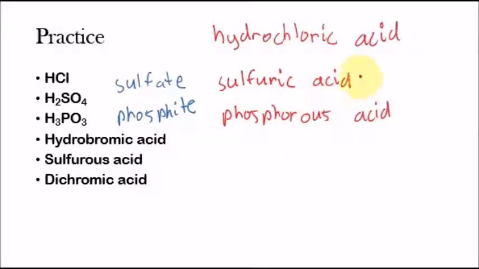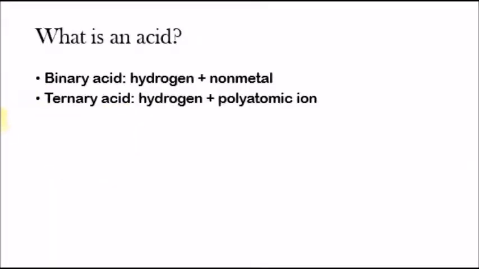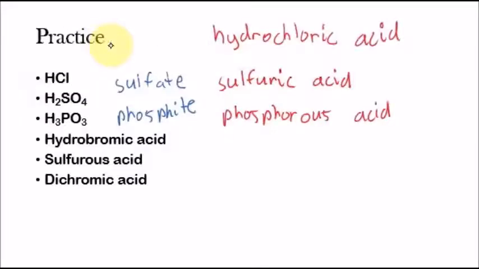Pretty simple. Now let's work backwards here. Here we have the name, and we're going to have to write the chemical formula. We have a binary acid here because we have hydro. A binary acid is a hydrogen and a nonmetal, so we know for a fact this is going to have hydrogen, so let's write that down right now.